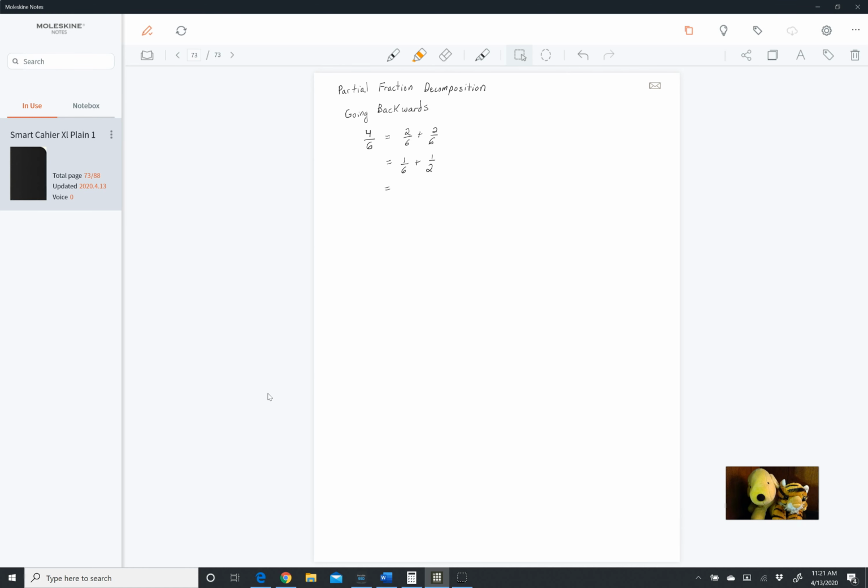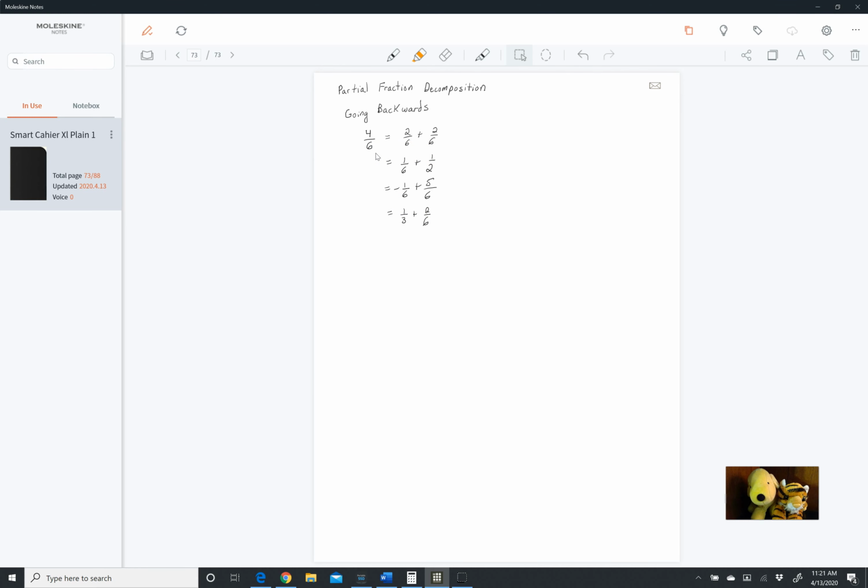It could even be negative 1/6 plus 5/6. We could say it's 1/3 plus 2/6, okay, which we know is the same thing as 2/6 plus 2/6. Okay, but there are a tremendous number of ways that we can divide up this 4/6.